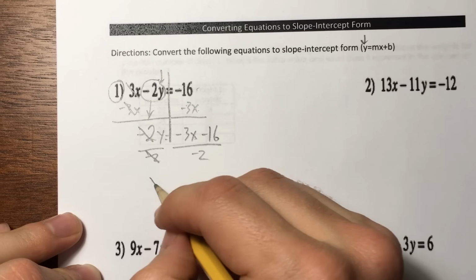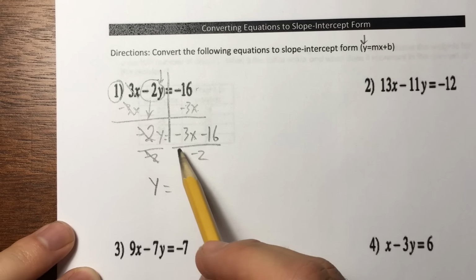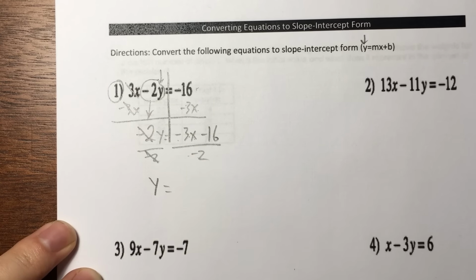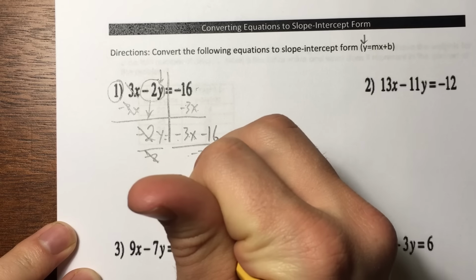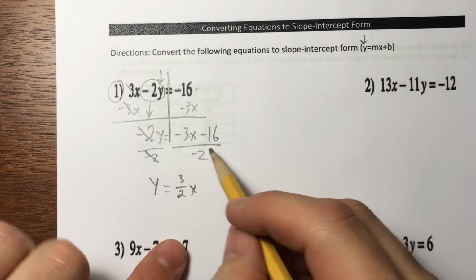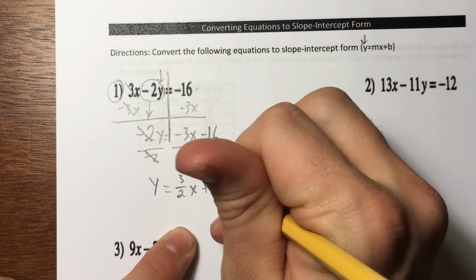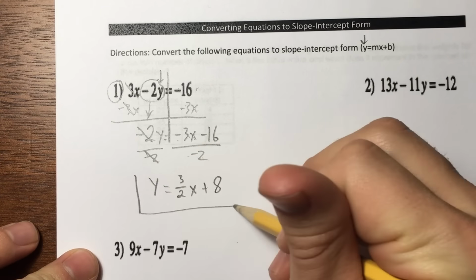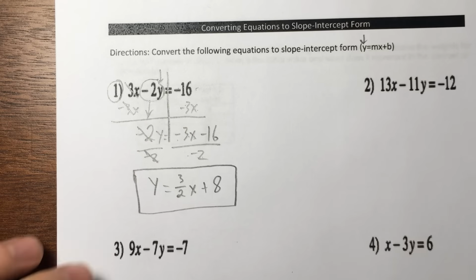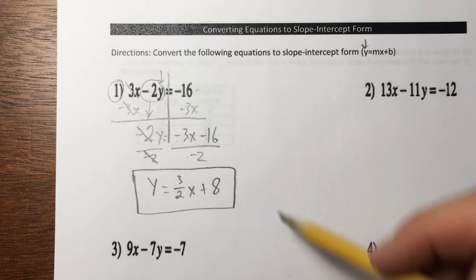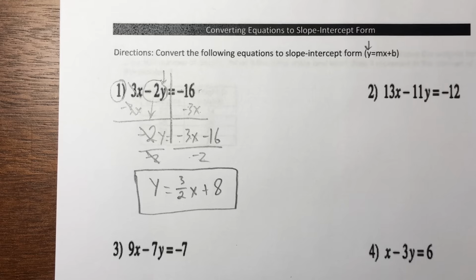So on the left side, we have a y. Negative 3x divided by negative 2 simplifies to 3 over 2x. And then negative 16 divided by negative 2 simplifies to positive 8. So this equation simplifies to y equals 3 over 2x plus 8.